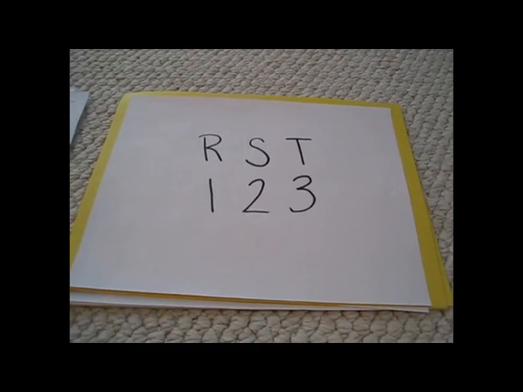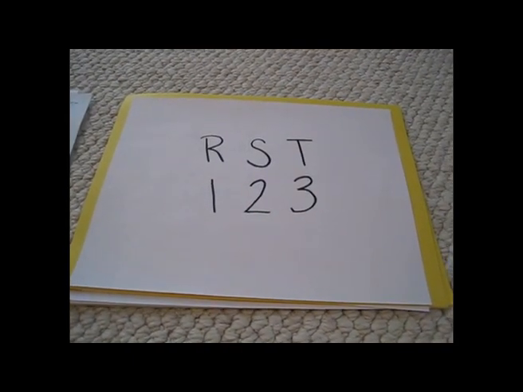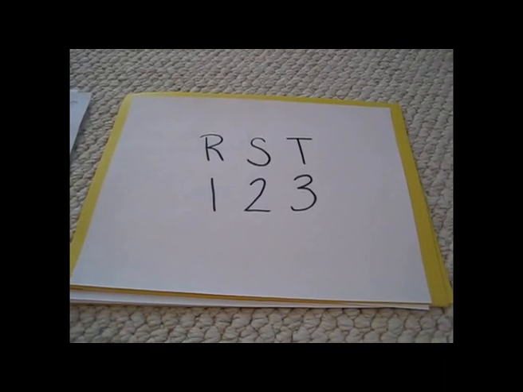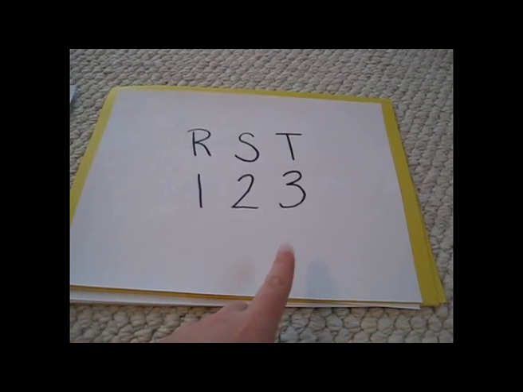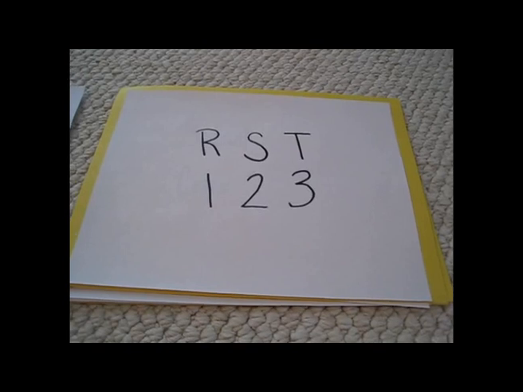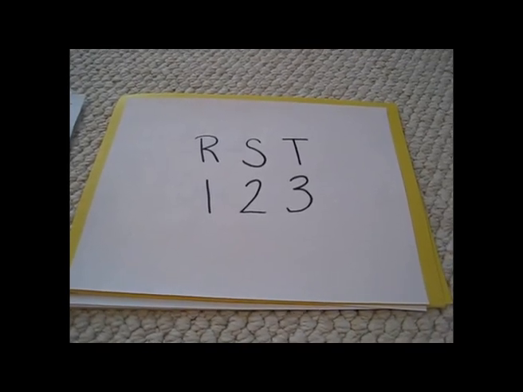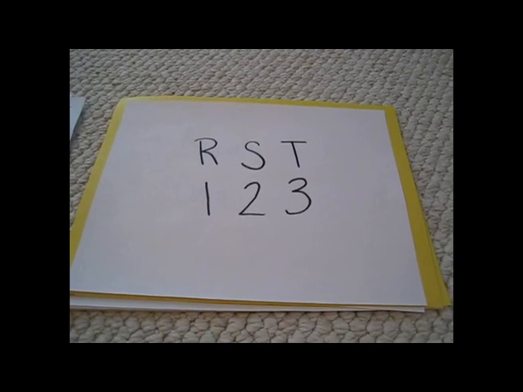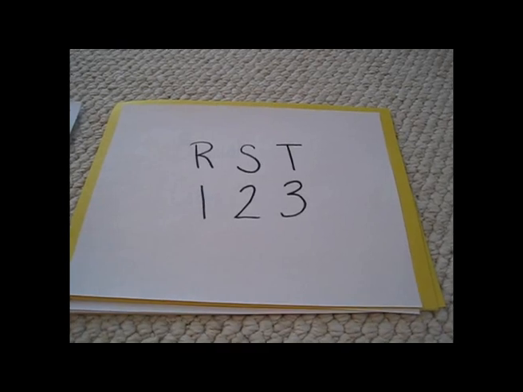Okay, the RST123 trick is an easy way to remember the reflexive, symmetric, and transitive properties. Basically, the 1, 2, and 3 correspond to the number of equal signs that you see in the equation. So with the reflexive property, you will see 1 equal sign. For the symmetric property, you will see 2 equal signs. And for the transitive property, you will see 3 equal signs.